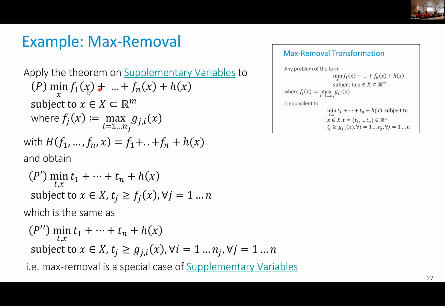Remember, we saw when we had an optimization problem where the objective was a sum of components, each component was itself a max. And we know we can replace every component by an optimization variable and adding the constraint that the optimization variable is larger than the expression that we have replaced. And then we know that t is larger than f is equivalent to t is larger than each of the members f. So the max removal is exactly a special case of what we have seen here.